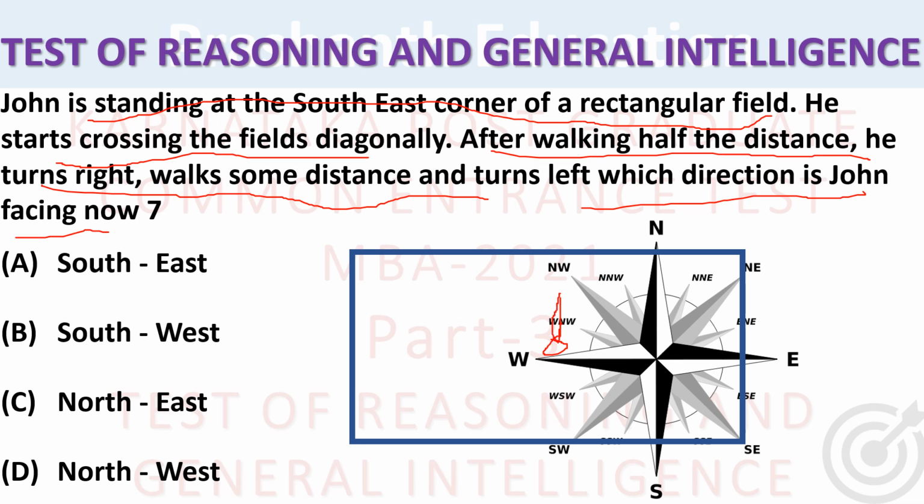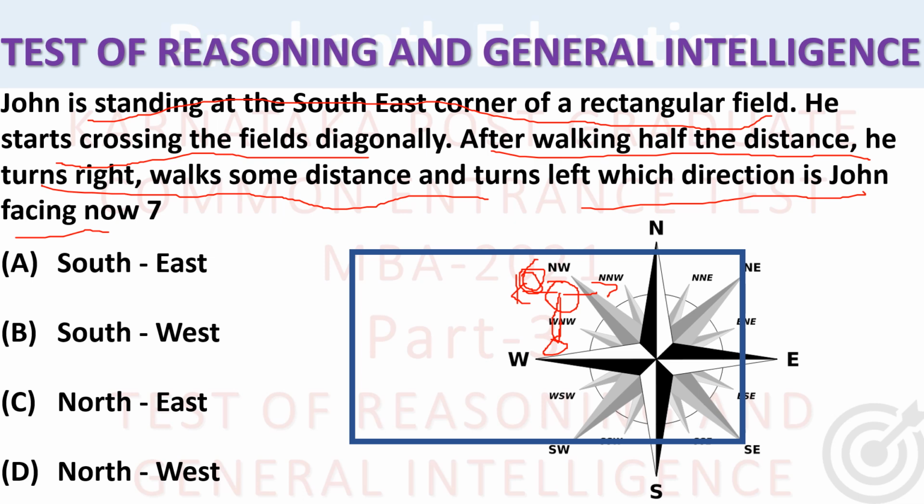Probably he will travel this much. He turns right, walks some distance and turns left. If we compare the left and right here, this will be his right and this will be his left. So he is turning left. He is standing here.